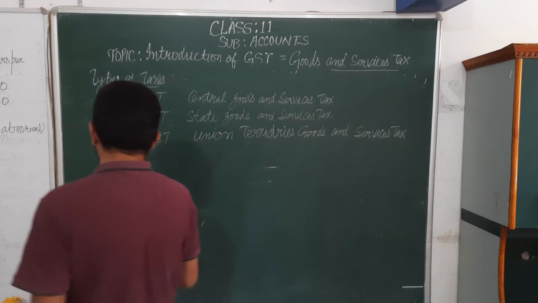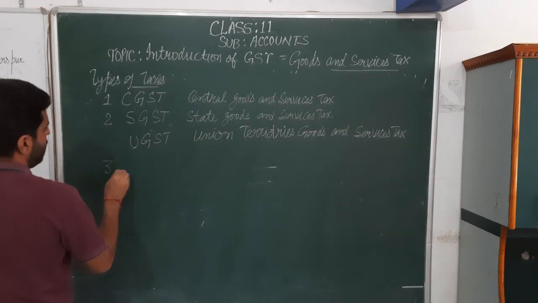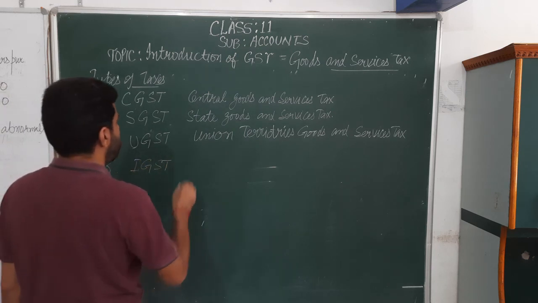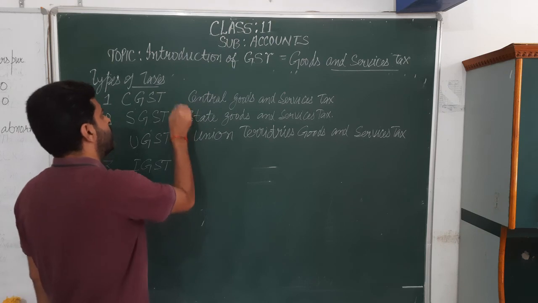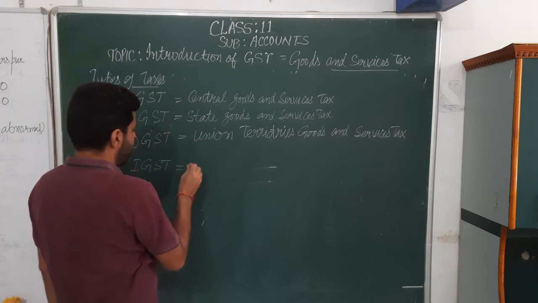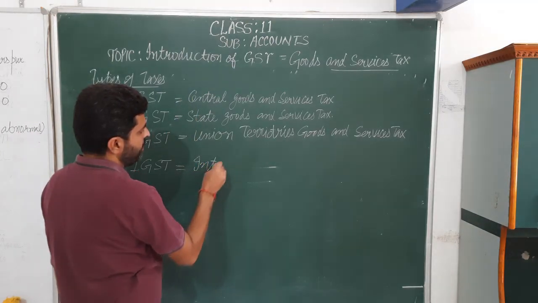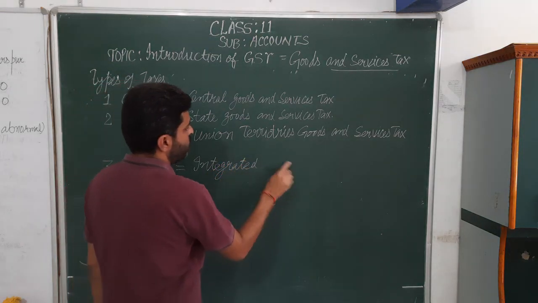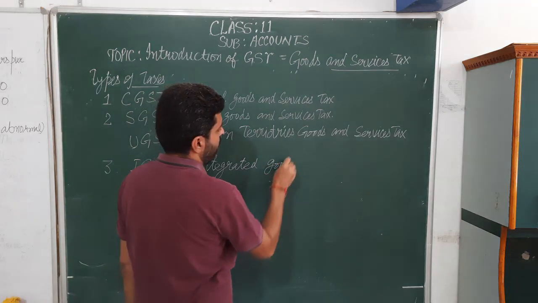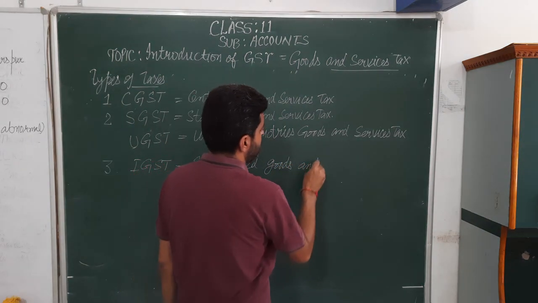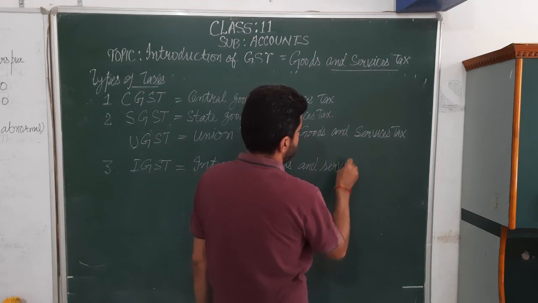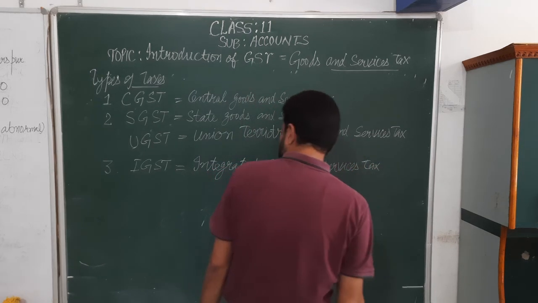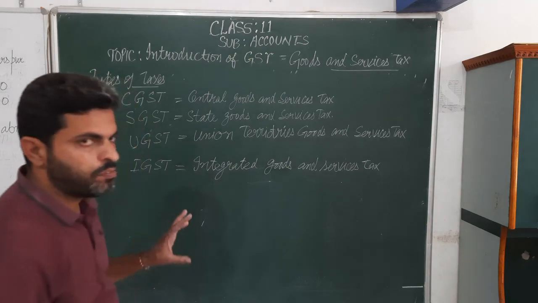And third one, IGST. IGST means integrated goods and services tax. So these are the main types of taxes.